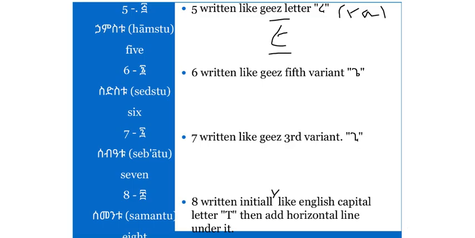Now we get 5. Number 6 is written like the fifth variant of G.